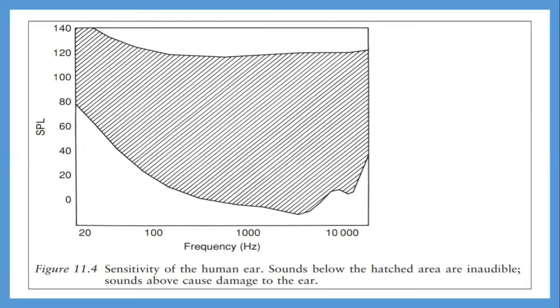And as you can notice, the loudness of a noise depends on its frequency as well as its sound pressure level, or SPL. Contours of equal loudness have been worked out using large numbers of subjects. A reference tone of 1,000 hertz and, say, 60 decibels can be presented to subjects.